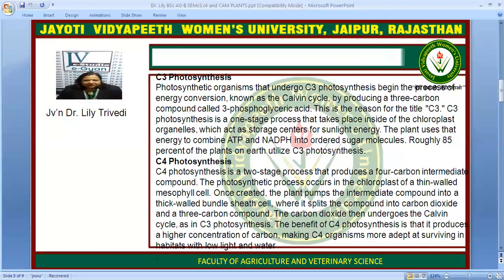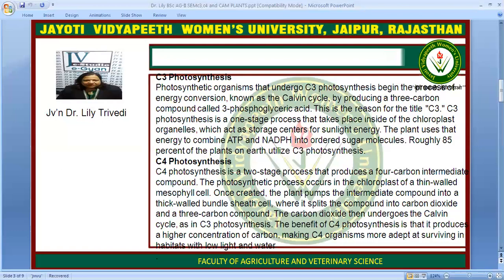Once created, the plant pumps the intermediate compound into the thick-walled bundle-sheath cells, where it splits the compound again into carbon dioxide and 3 carbon compound. Now this 3 carbon compound then further goes under Calvin cycle as in C3 plants.